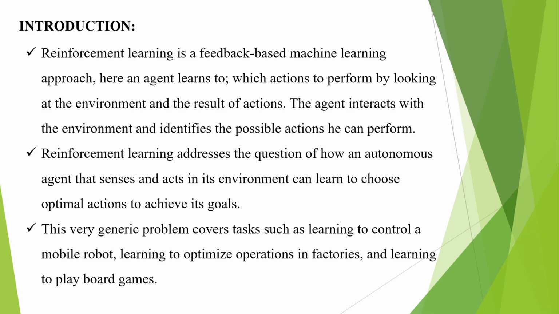Why are we calling that agent autonomous? In the sense that it is not under the pressure of anybody. It will work independently by observing the environment, it will act, and it will work completely independent of any supervision. So that's the reason we call it an autonomous agent.